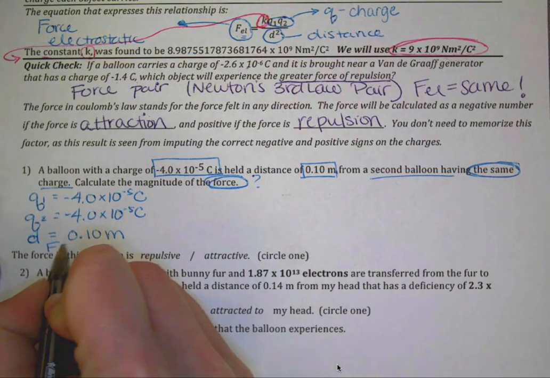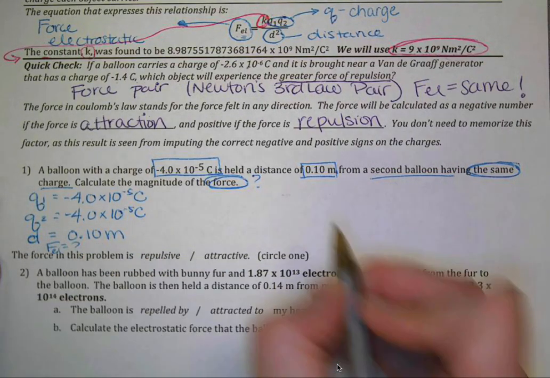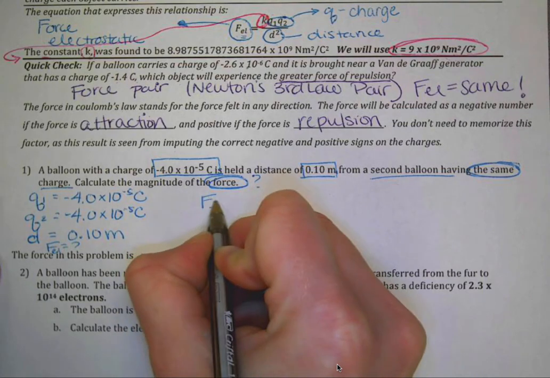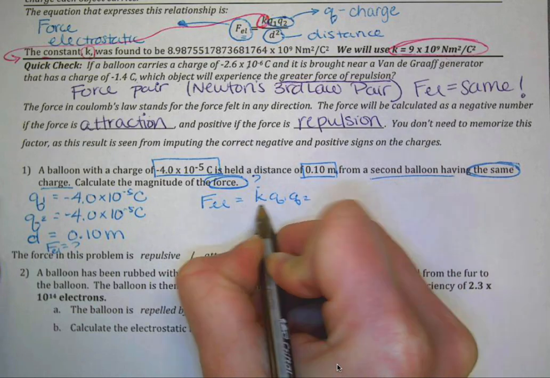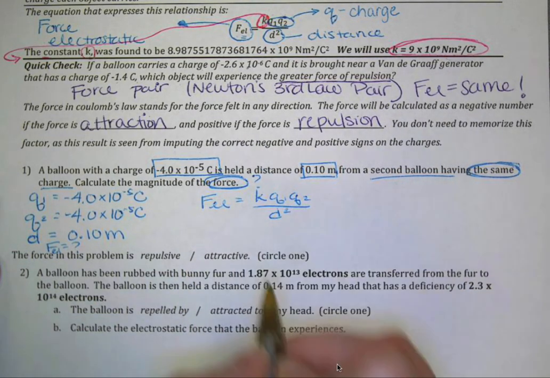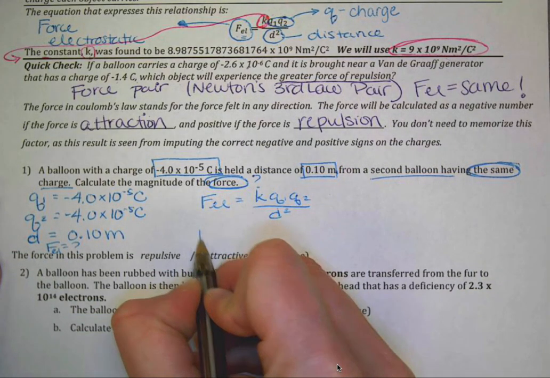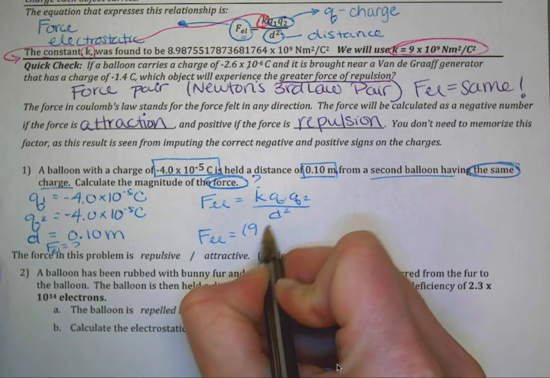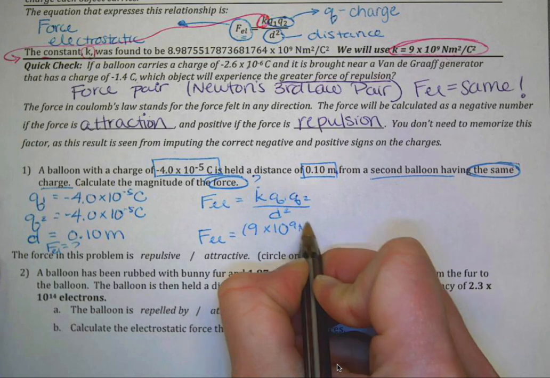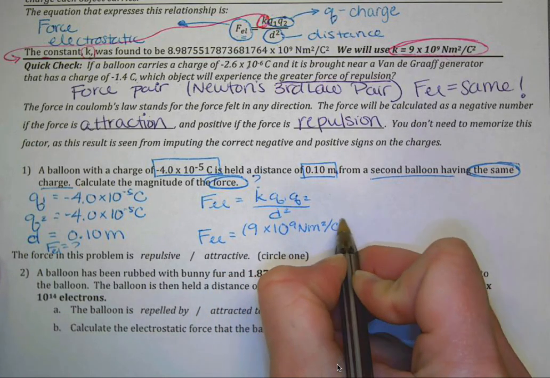So F, or F_EL, is what? Coulomb's law is given to us: k times Q1 times Q2 divided by d squared. I can plug in my values. k is 9 times 10 to the 9th newton meters squared per coulomb squared.